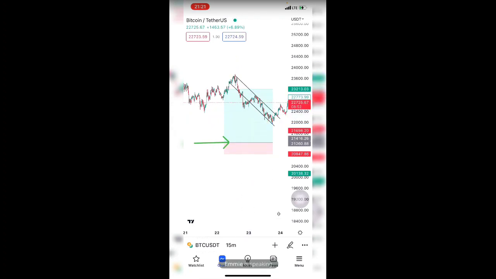We can see that when the market got to this line, it came down. When it got to this place too, it broke it. But let's consider this one. When it gets to this place, it comes down. When it reached this line, it came up. Do you see like that? So those are the areas of value.